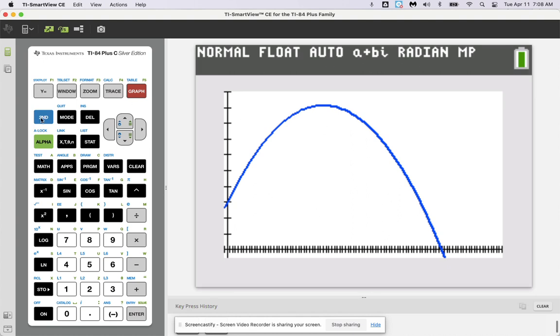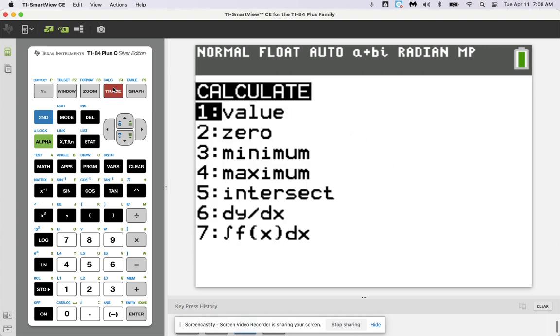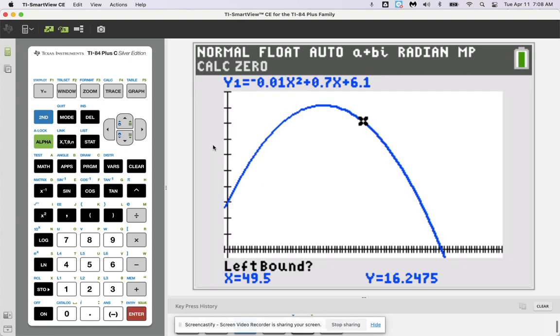Now, in terms of finding out that location, you might remember that the calculator has a few built-in functions to help us. We have our option of going second trace, entering the calculate menu, and choosing the zeros option. Now, you will have noticed that I left a little bit of room below the x-axis.